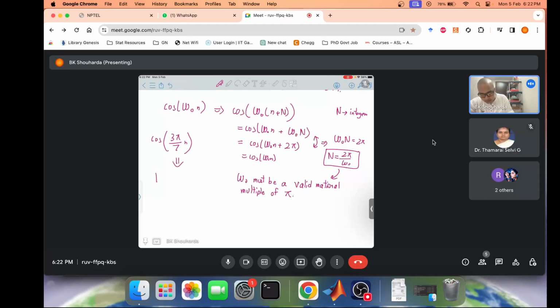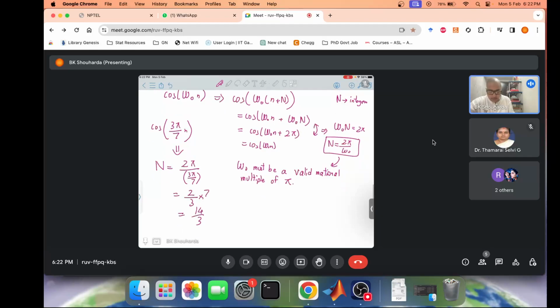For example, if we have cos(3 pi by 7 n), what will be its time period? Initially we get N equals 2 pi upon 3 pi by 7, so we get 2 by 3 times 7, that's 14 upon 3. But we want N as an integer, so we multiply by the smallest possible number to get an integer. Rather than 14 by 3, 3 times 14 by 3 gives me 14.